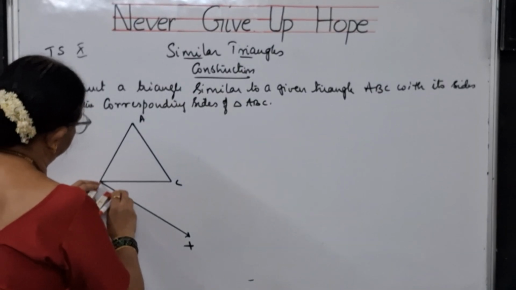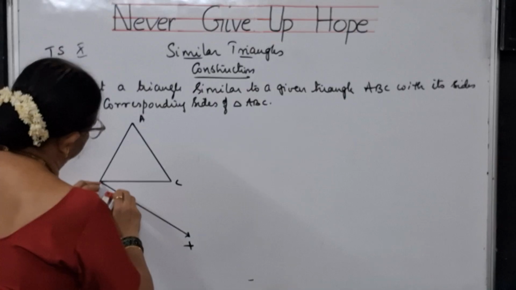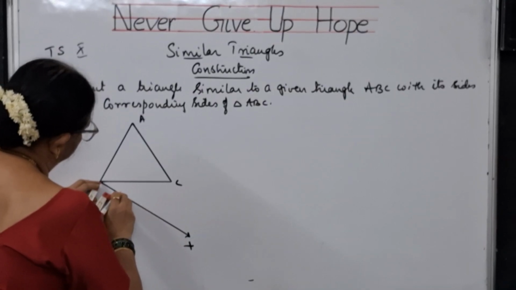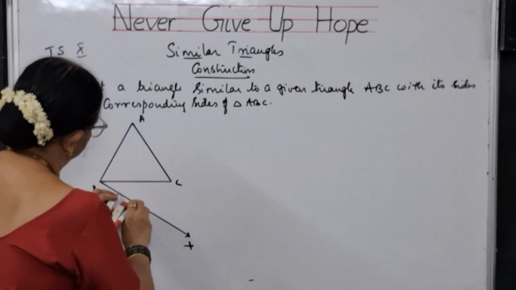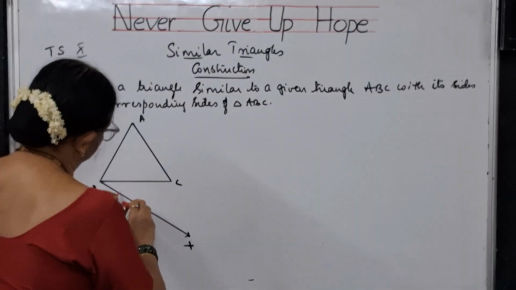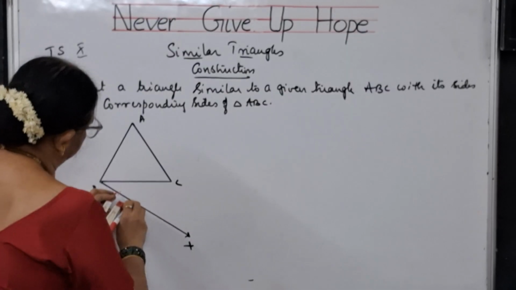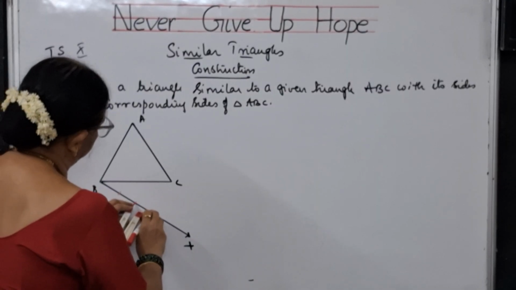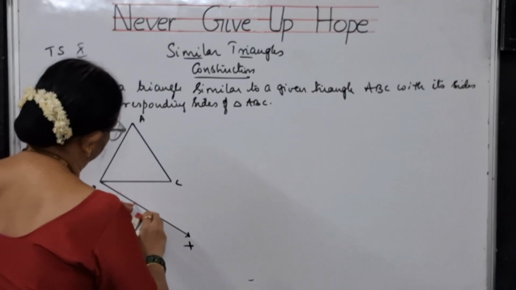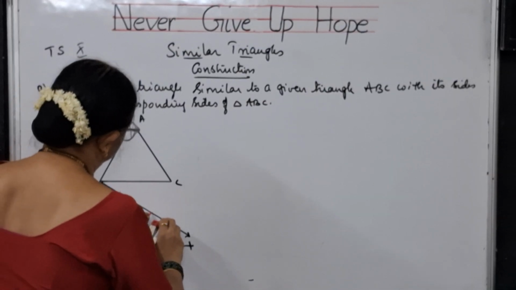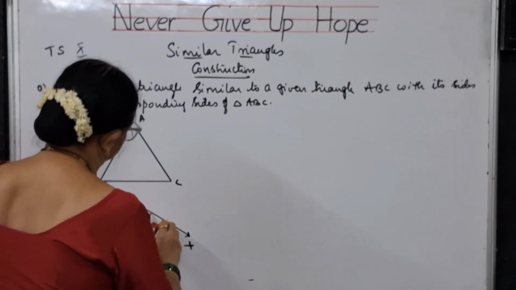That means with B as center and some radius, one arc here, and with the same radius, another arc from this point, another arc, this is the third one, and this is the fourth one.